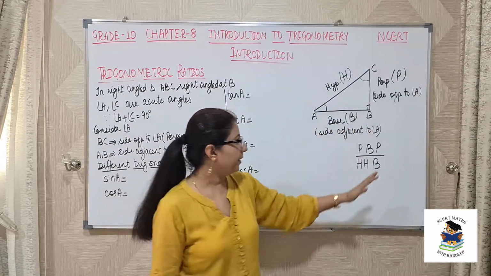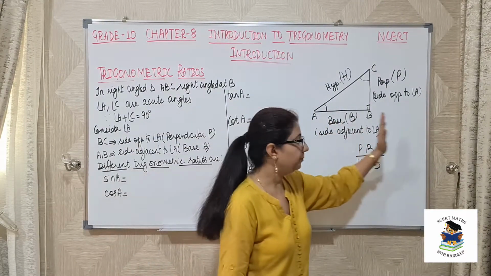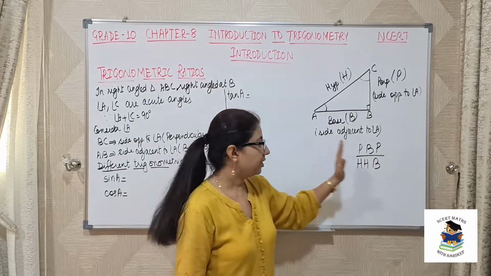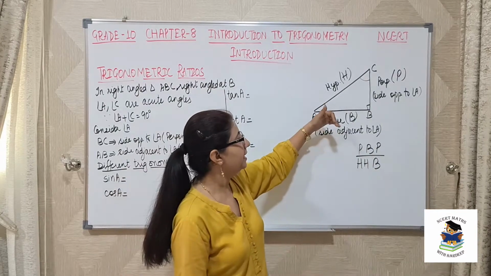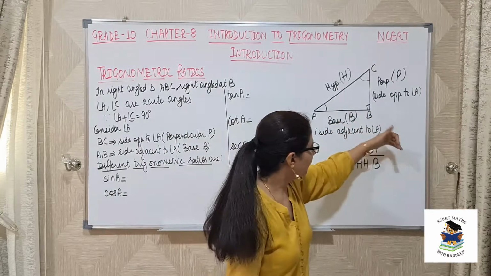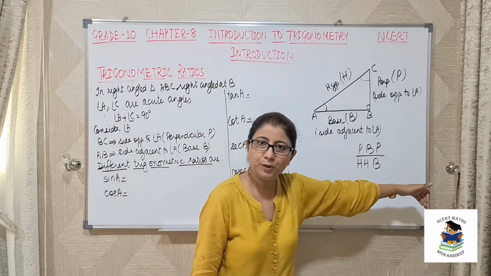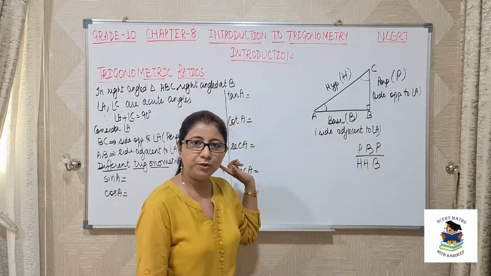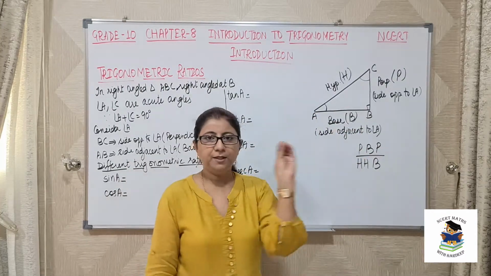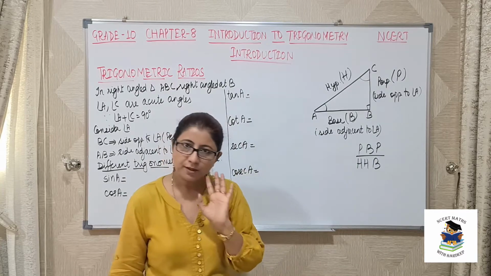You should always memorize this, PBP over HHB, or there is an acronym for this, Pandit Badri Prasad over Har Har Bol. This is one way of memorizing these trigonometric ratios, simply PBP over HHB.